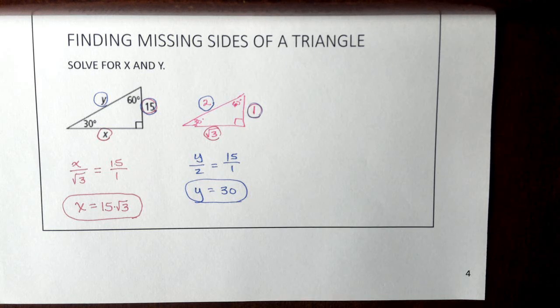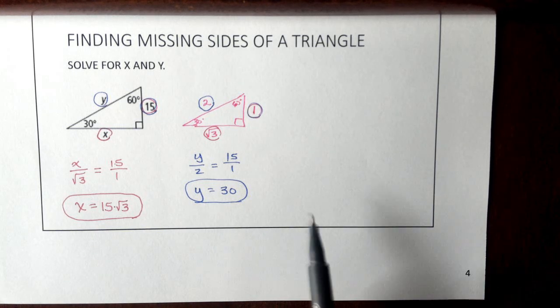So all of the examples we've seen so far do not involve any messy algebra. It's pretty straightforward. Those of you who can see those scale factors and multiply in your head, you're going to find these really easy types of problems. Sometimes it's not quite this simple.